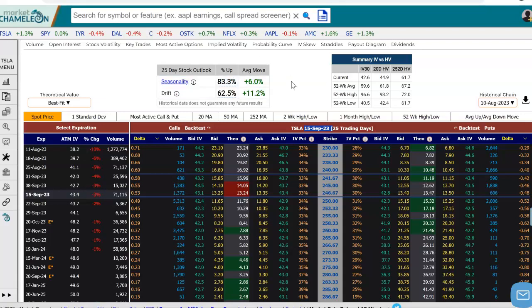Another question is, we know that between now and the September 15th expiration, there are 25 trading days. So there are 25 days that Tesla can trade between now and expiration. The question could be, what does typically happen to the stock over a 25-day period?